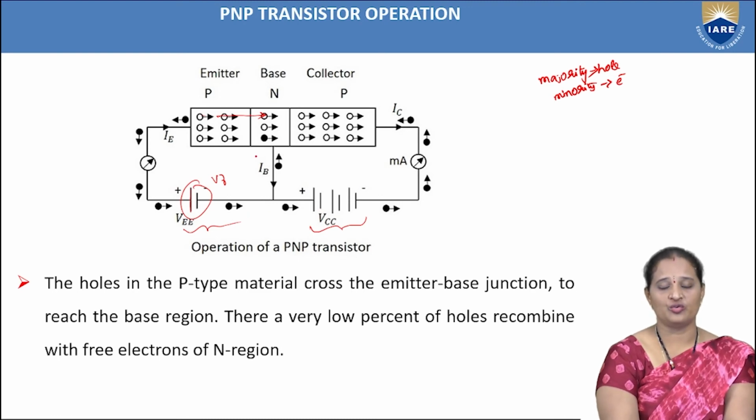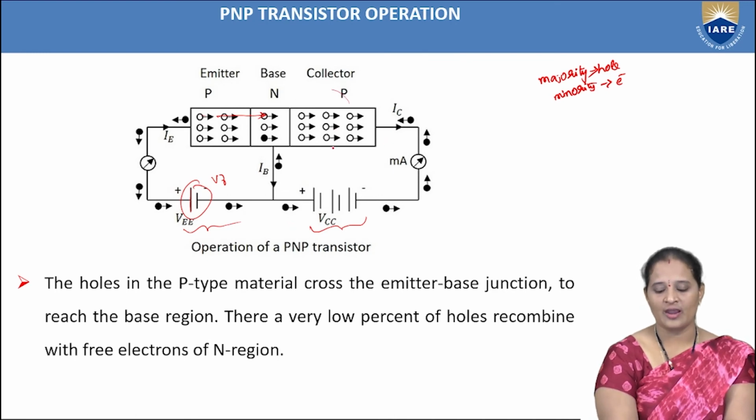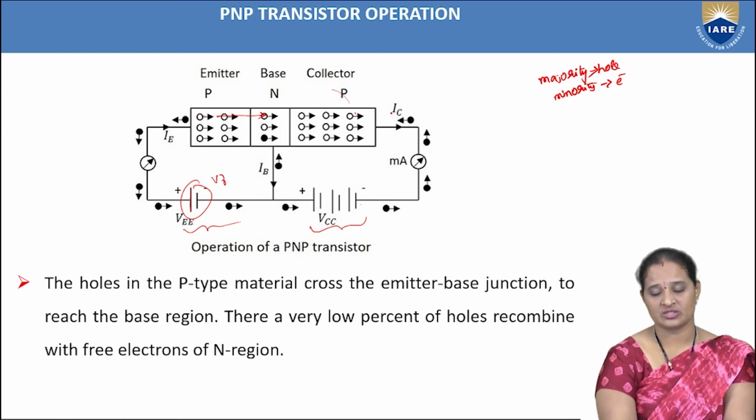which leads to some recombination current flowing across the base terminal. The remaining majority charge carriers, that is holes, enter the p-type material of the collector, and these are attracted by the negative terminal of the battery because holes are positively charged.